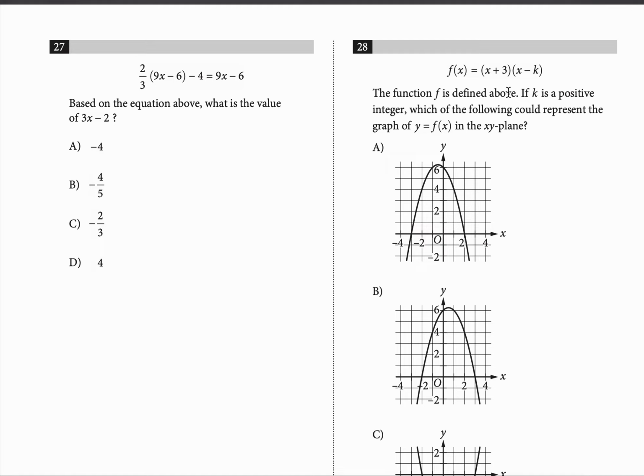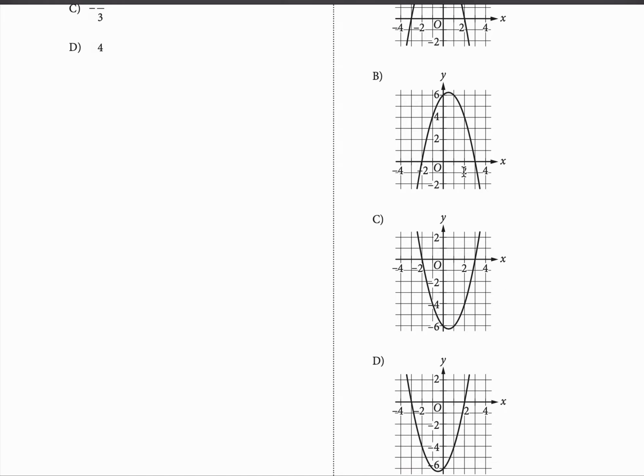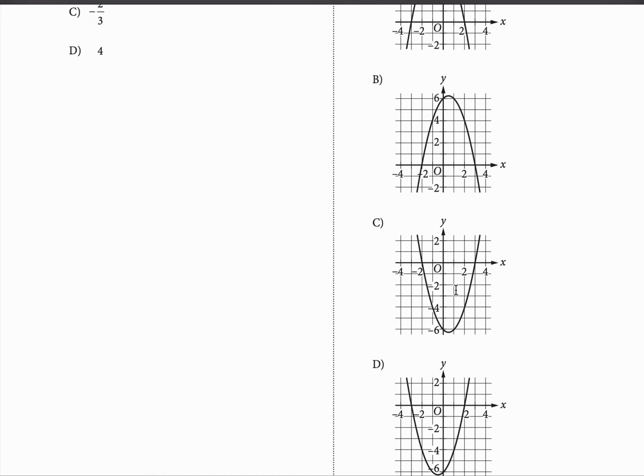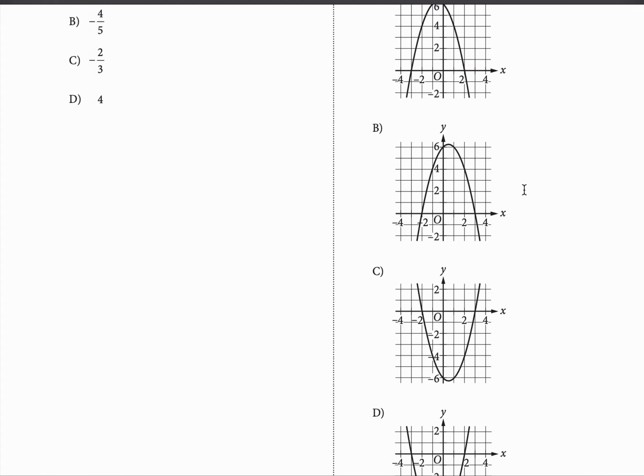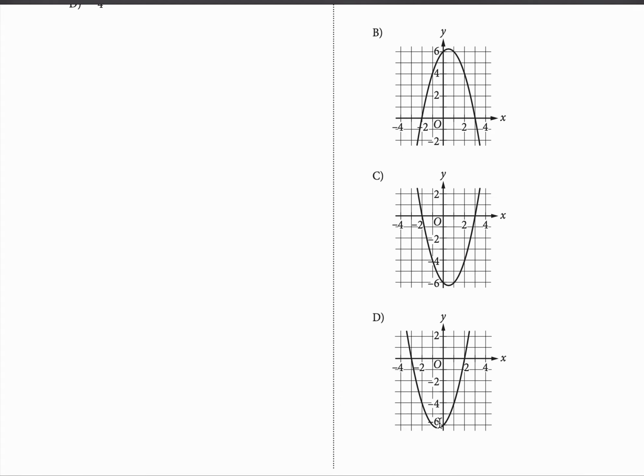Oh, interesting. Okay. So, again, understanding upward facing, downward facing, right? So it's upward facing. And then what are the differences? We have left side versus right side.